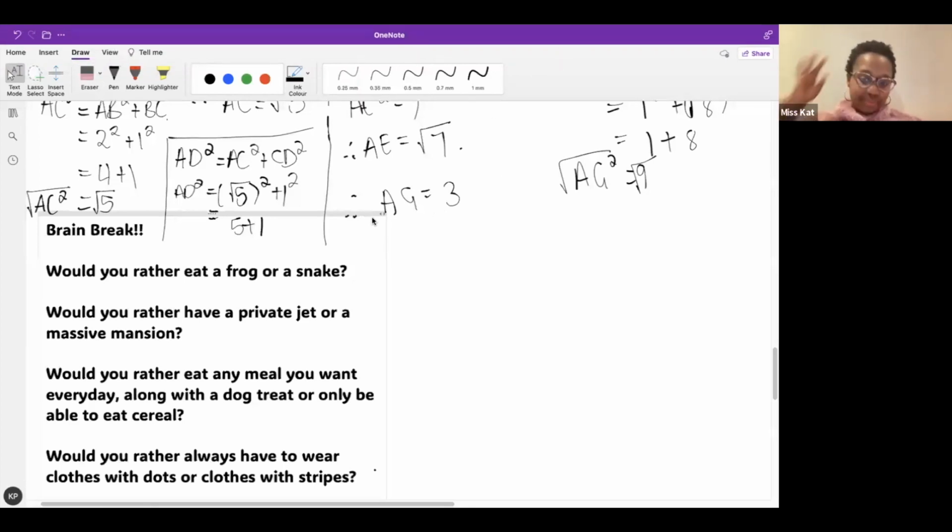I'd rather wear clothes with stripes, ma'am. Vertical stripes, because if I wear dots, I feel like... Ma'am, any is fine. He's just like, look, I don't even care which stripes they are. Just stripe me, it's fine.